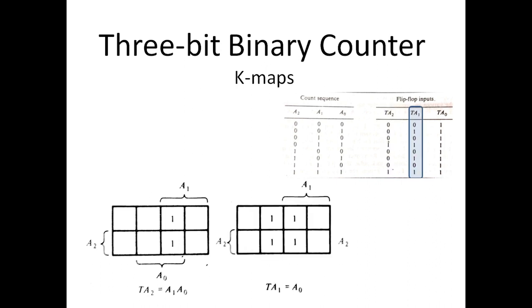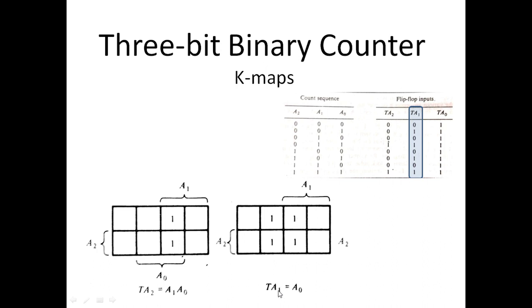Similarly, for TA1, it's again a 3-variable K-map. When we put these values onto the K-map for TA1, we get ones in these 4 squares. All of these 4 squares are adjacent to each other. So we can create a single group of 4 squares, and A0, which is here, covers all these 4 squares.